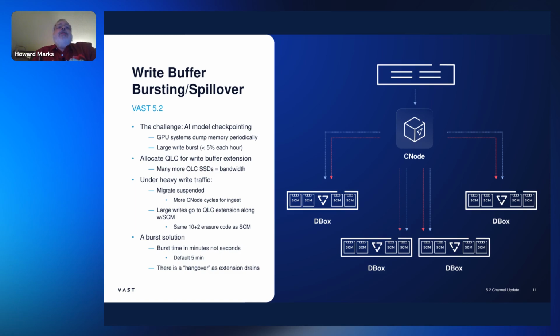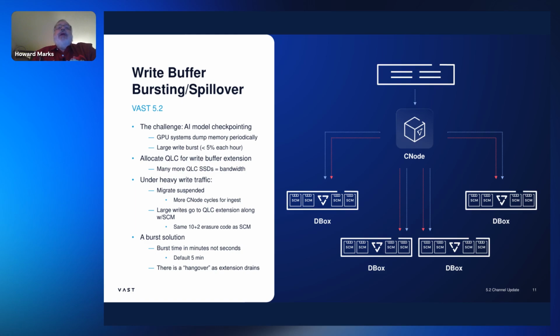And so the code for generating models does checkpointing, where periodically all of the GPU servers dump their memory to storage so that if something goes wrong, they can recall that memory image, that checkpoint, and pick up from where they left off.